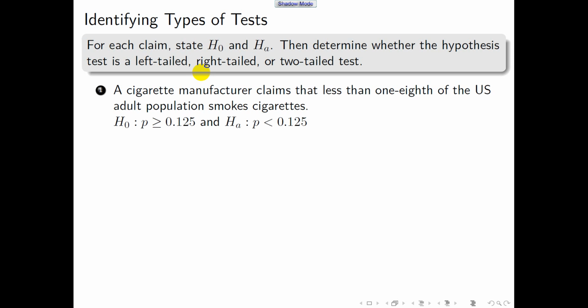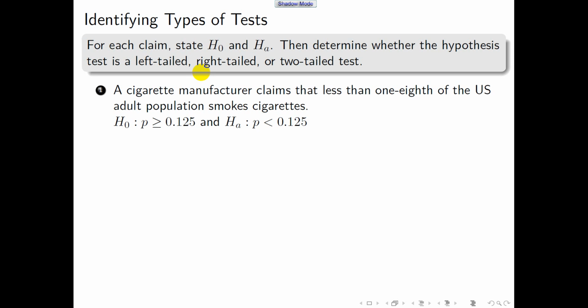It tells us that P is less than 0.125, which is 1/8. Our claim is the alternative hypothesis. The null hypothesis is P is bigger than or equal to 1/8, and we need to use the left tail test in order to test this claim, because the sign of the alternative hypothesis is less.